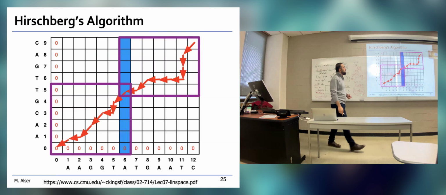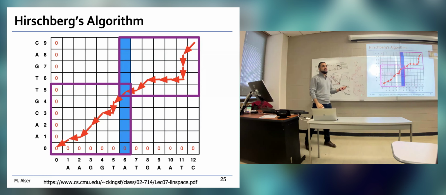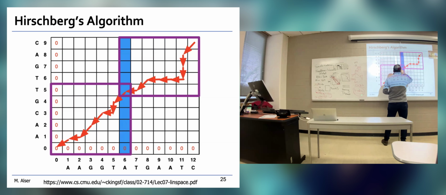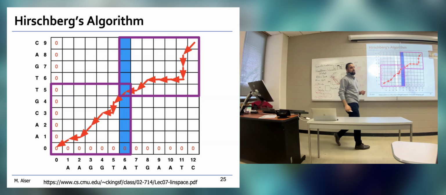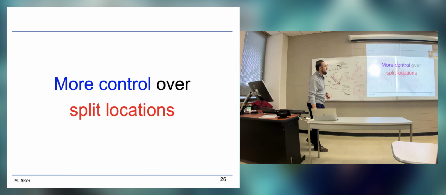Now, if the alignment is passing through here, it might be over here and then in here, but you will see that clearly and you can fix it as you move around. So you can increase the overlap, and you can have it somewhere in here, and then you can fix the center for that. And for that, we have more control over the split.